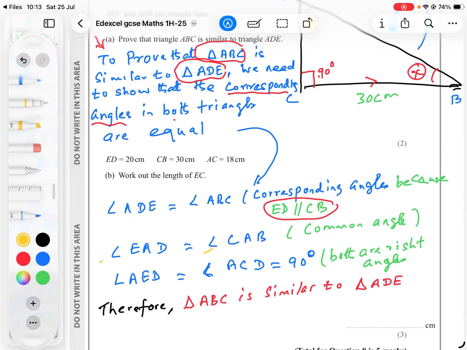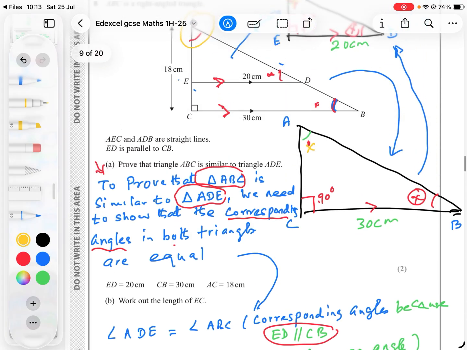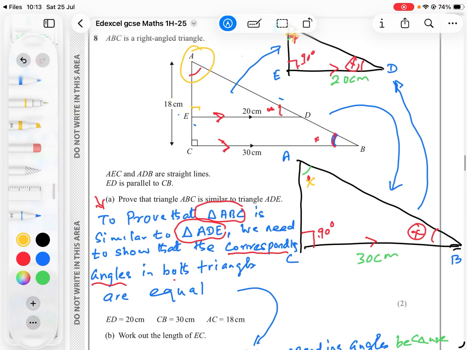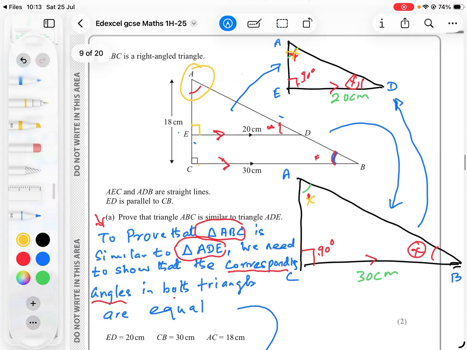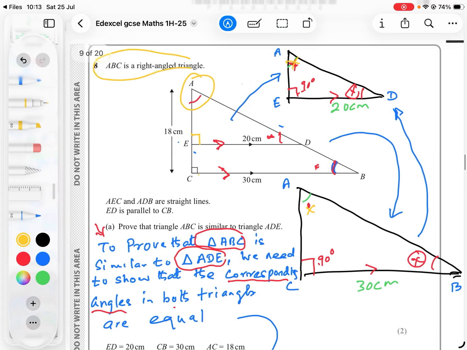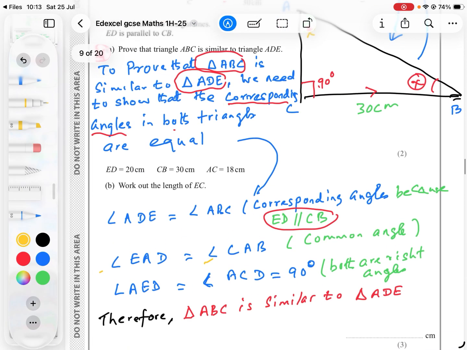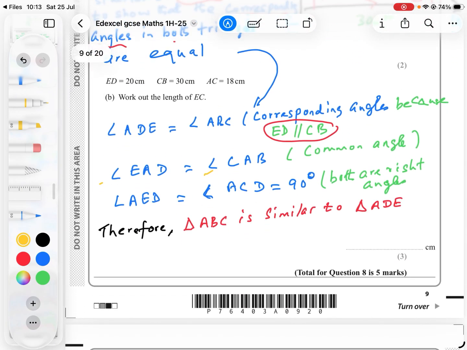Third angle, of course, 90 for both, this one also 90, this one also 90, because they are right angle triangles. So both angles are equal. So next point, angle AED equals angle ECD, because 90. Reason, I put the reason in the bracket. You must put the reason in brackets to prove.